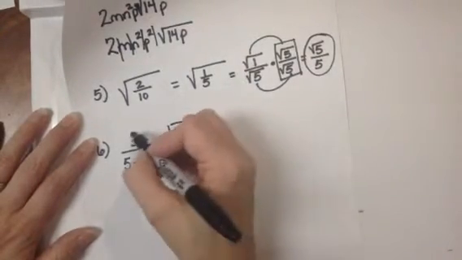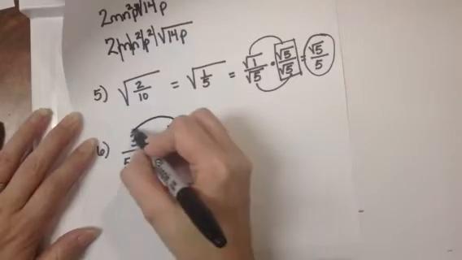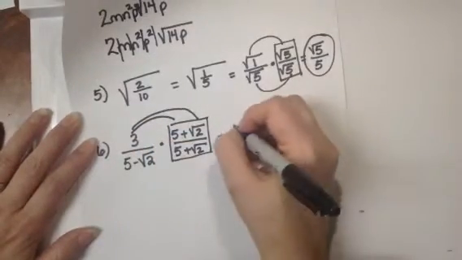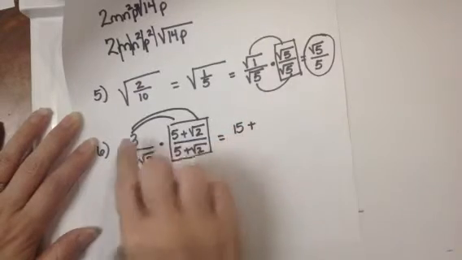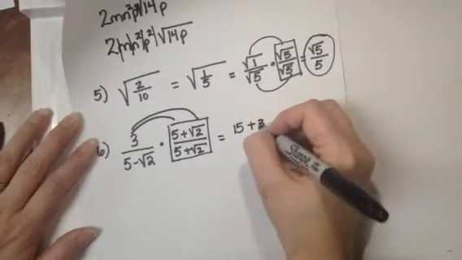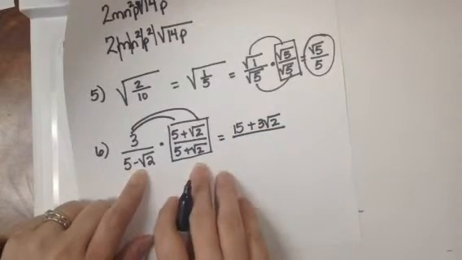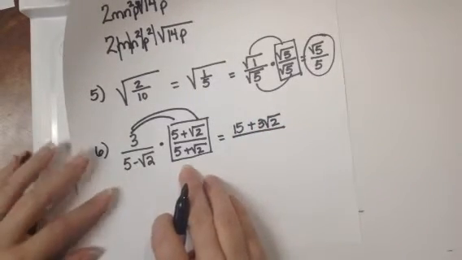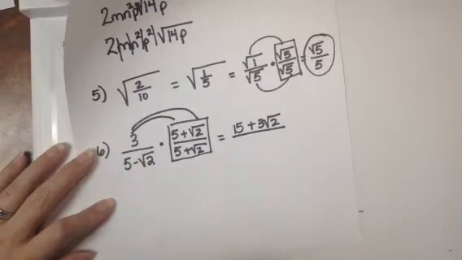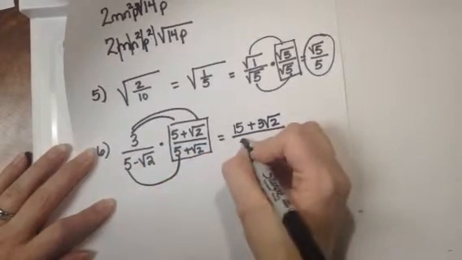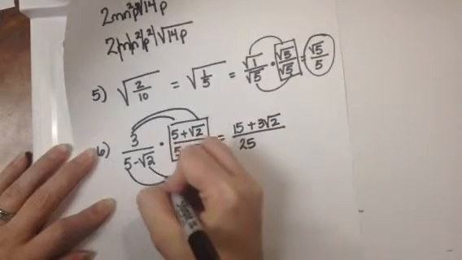Alright, so when I multiply the 3 to this binomial, it has to go to each one of them. So 3 times 5 is 15, plus 3 times the square root of 2, which is 3 square root of 2. Now, when you multiply by conjugates, instead of doing FOIL, you can do a shortcut because the middle terms will cancel out. You can just do first, and then last.